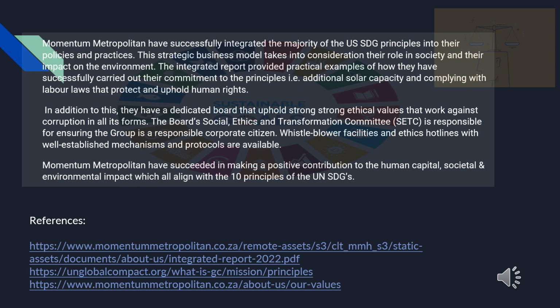In addition to this, they have gone above and beyond by having scholarship programs and bursaries which promote education in society, as well as numerous other corporate citizen projects that the SETC carries out. That's why we can conclude that Momentum Metropolitan is successful in the integration and application of UN SDG policies.